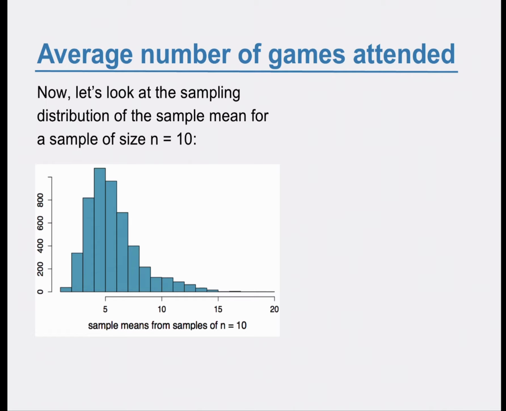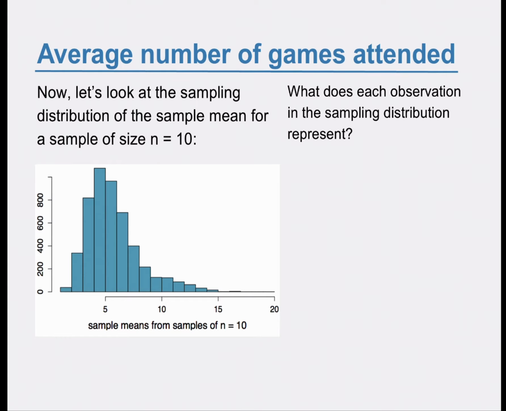Now, let's look at the sampling distribution for the sample mean when a sample of size n equals 10 is selected. So, if we randomly sample 10 people from this population, and we calculate the average number of games that they attend, this is what our sampling distribution looks like. And it's still right skewed, but it's not as right skewed.